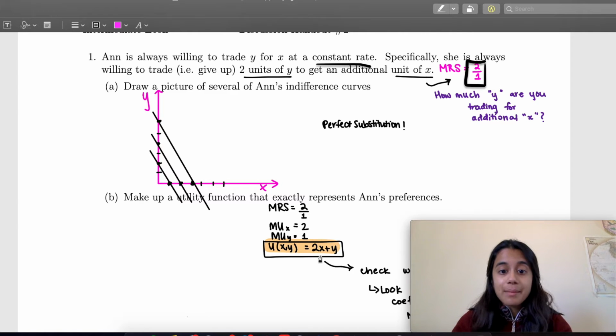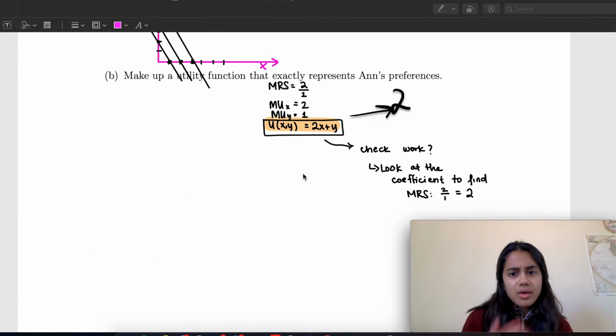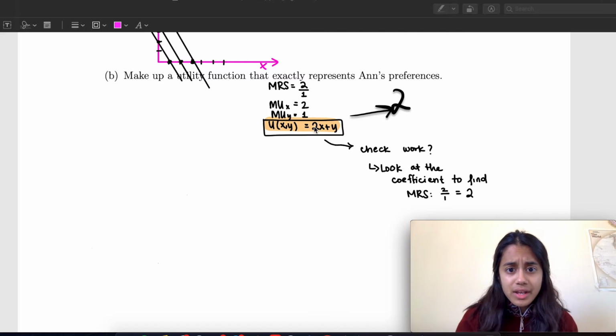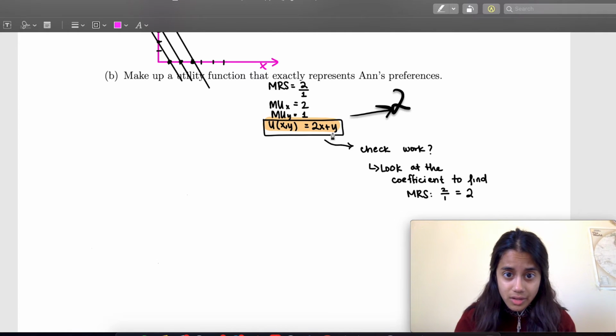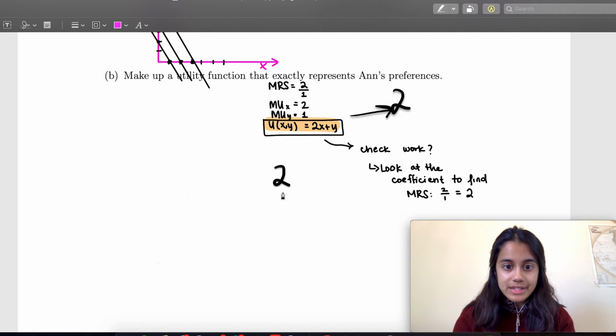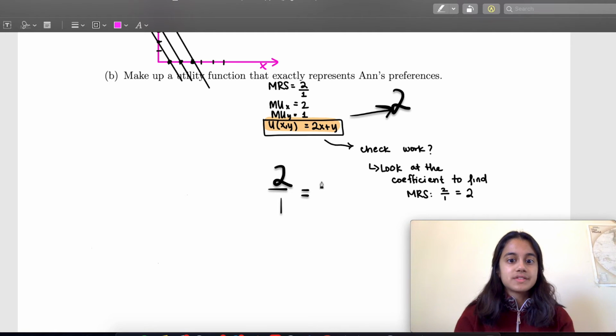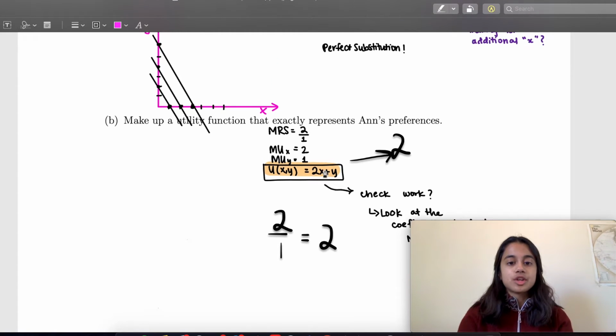So that's why I got my 2x and y. Now, if you want to check your work, look at the coefficients in front. You can see the 2 in front of the x and the 1 in front of the y. When I'm taking the MRS, I get 2 over 1, and that gives us our 2. That gives us our slope. Great.